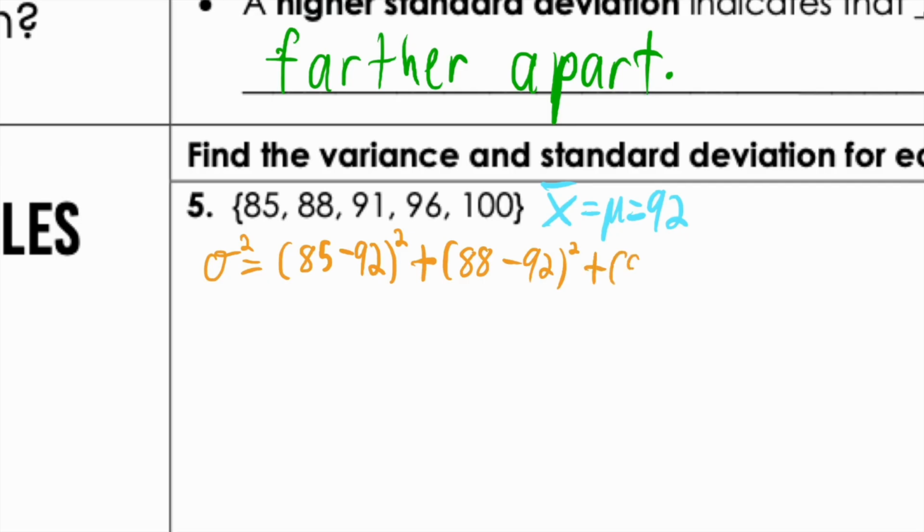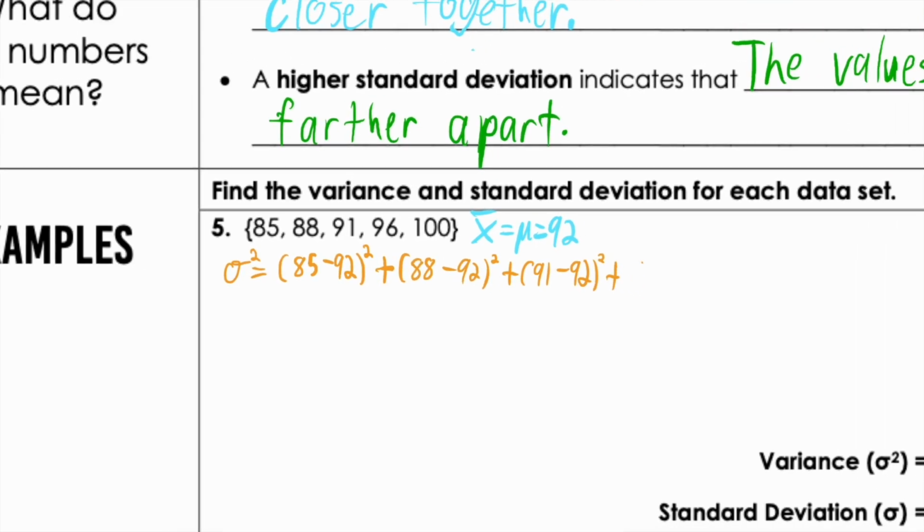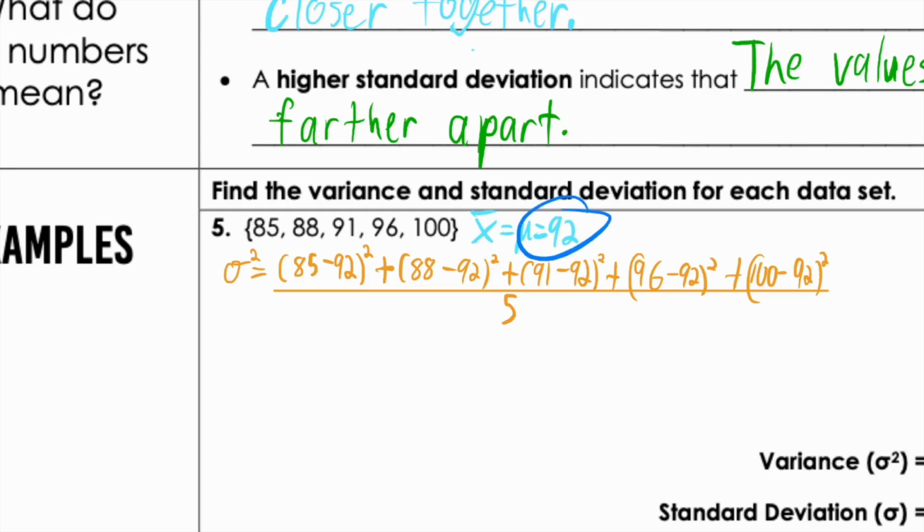Plus 91 minus 92 quantity squared plus 96 minus 92 quantity squared plus 100 minus 92 quantity squared all over however many terms there are, again, 5. So we again will divide by 5 just like we did earlier, the average.